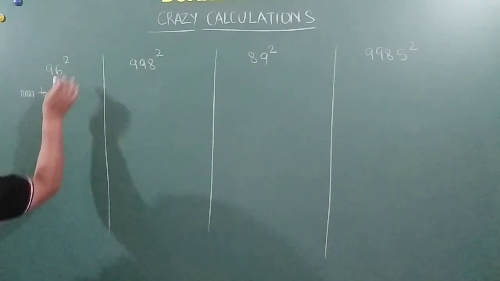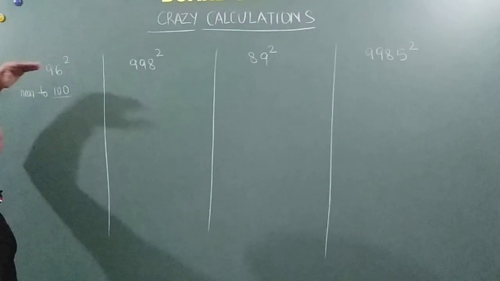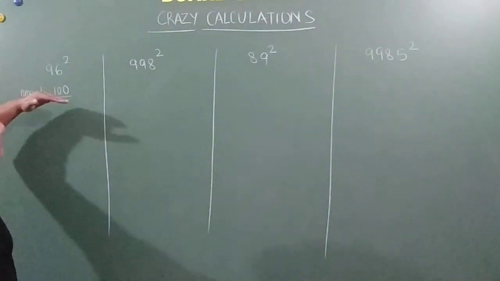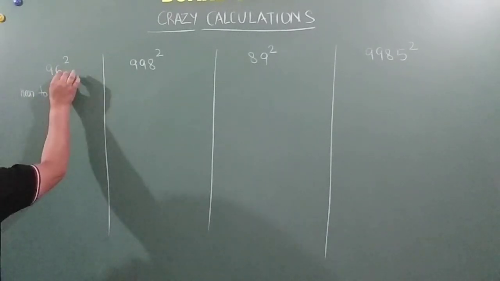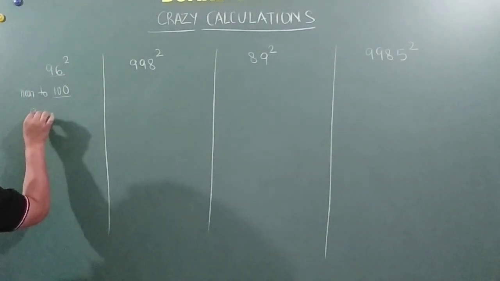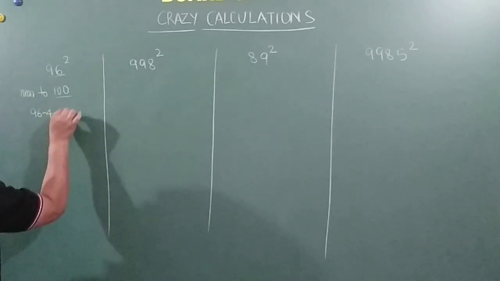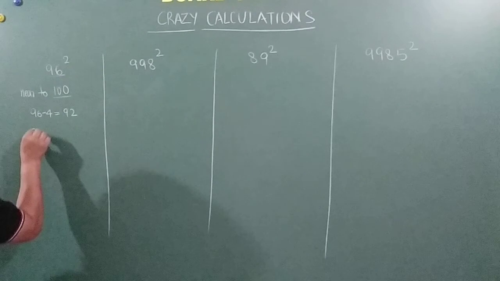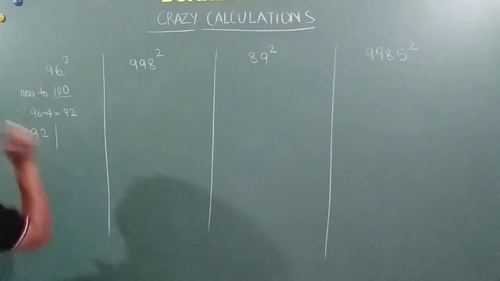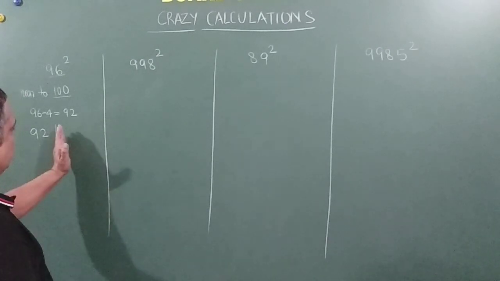Now since this is 4 less than 100, we will subtract 4 from 96, that is 96 minus 4 is equal to 92. So we will write 92 here, put a small line, and then move to this side.